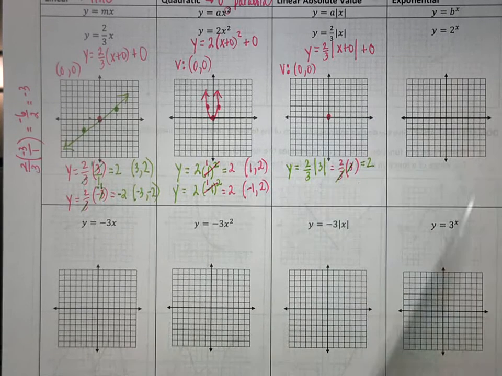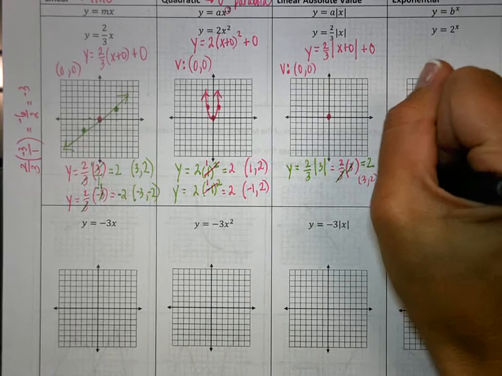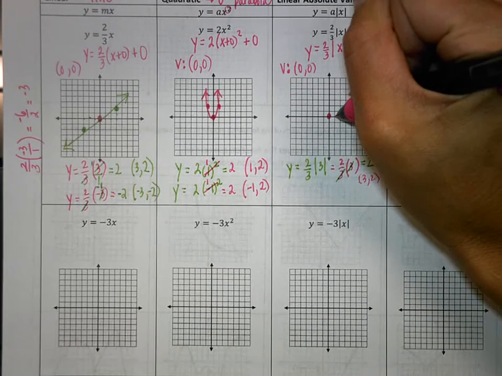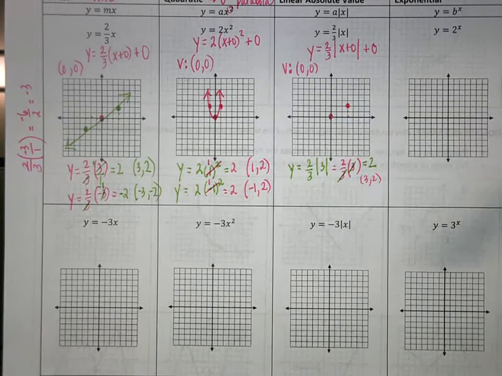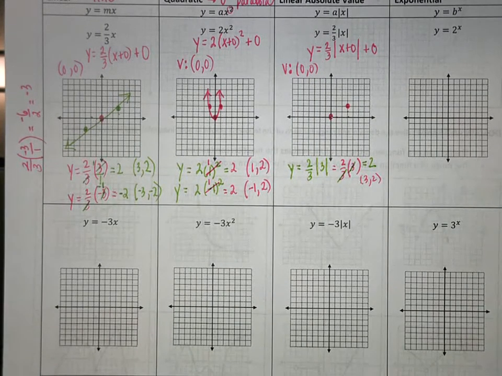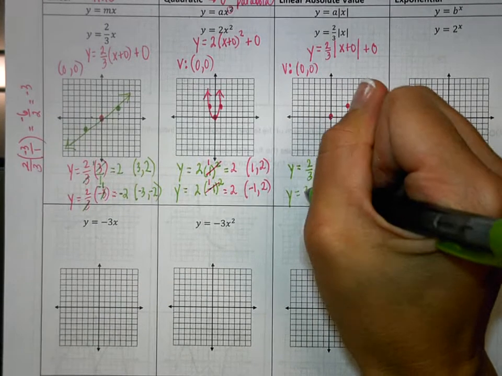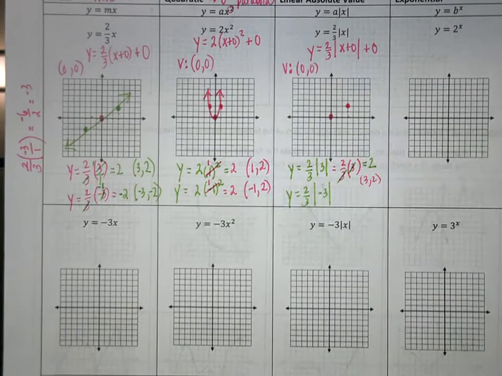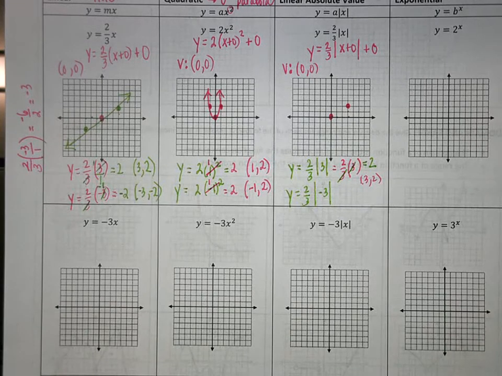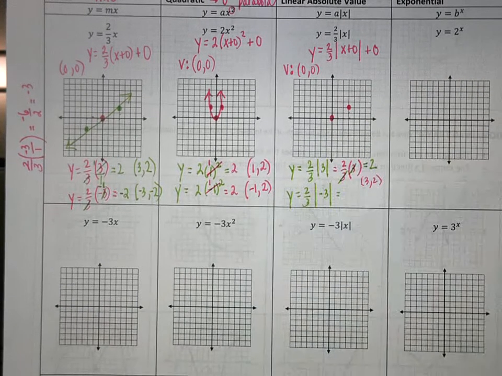And so what is that ordered pair? 3, 2. Very good. 3, 2. So we're going to go right 1, 2, 3, up 2. So now we're going to use a negative value. Same equation, y equals 2/3, except this time I'm using -3 for x. What is the absolute value of -3? Very good.